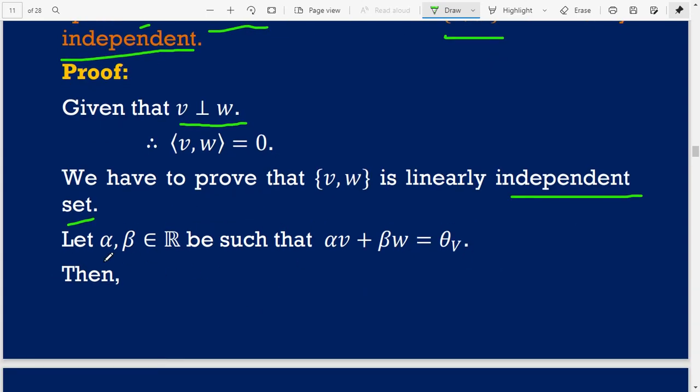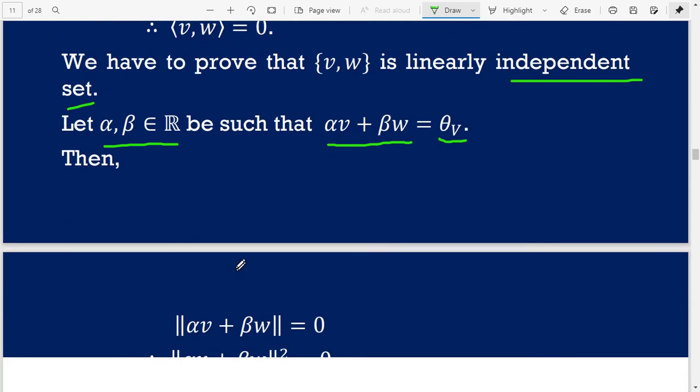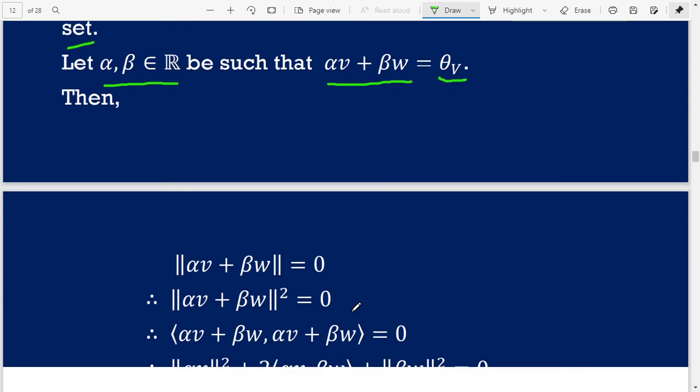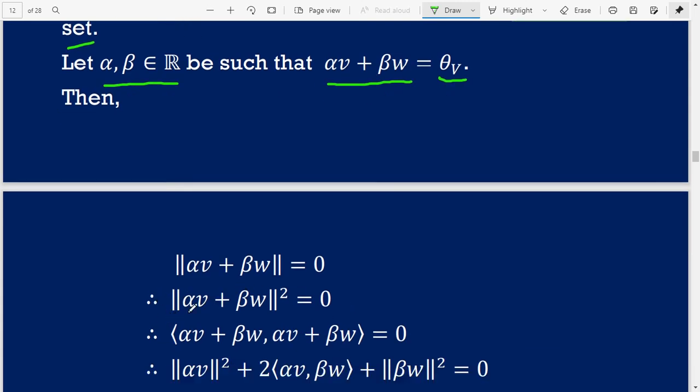So let alpha and beta belong to R be such that alpha v plus beta w is equal to the zero vector. Then the norm of alpha v plus beta w is equal to 0.